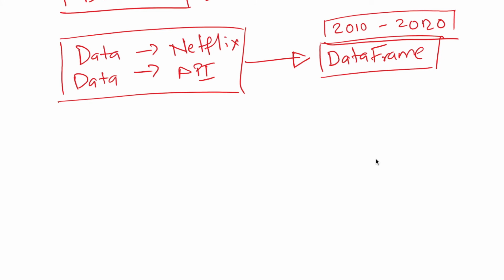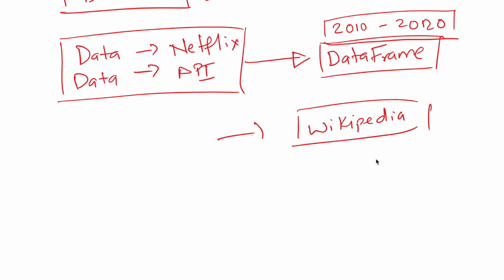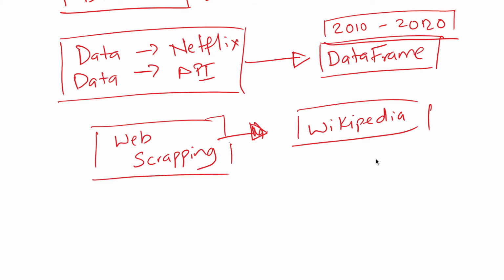Another way you could have acquired this data is by going to Wikipedia and running a basic web scraping on Wikipedia to acquire data for 2019 and 2020 movies.